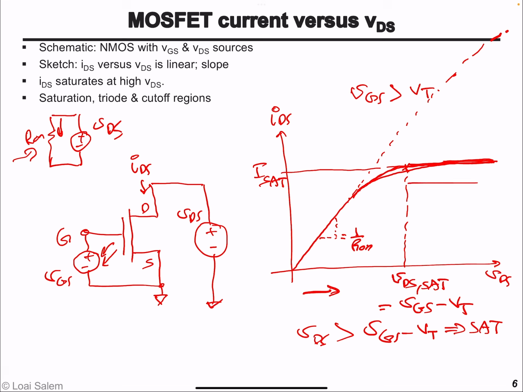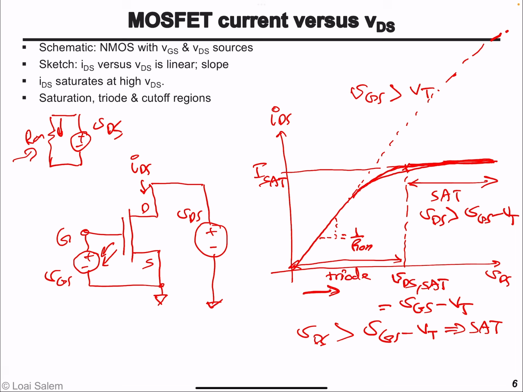So this region we call the saturation region, and as a condition for it, this region is defined by drain to source voltage that's larger than the applied gate to source voltage minus the threshold voltage. On the other hand, this range is called what? The triode region.